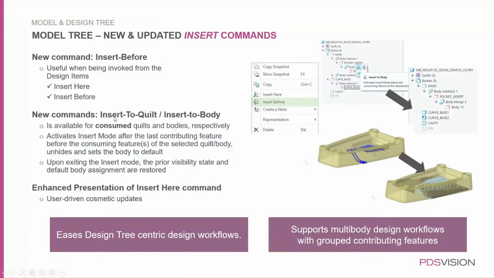Also, when it comes to quilts, if you click a quilt feature, then you land on the model tree at that very spot just before it's consumed by other features like a merge or something like that. So you get the whole quilt at hand, and then you can model that and return from the insert mode, and you are able to manipulate your geometry much more effectively to get what you want.